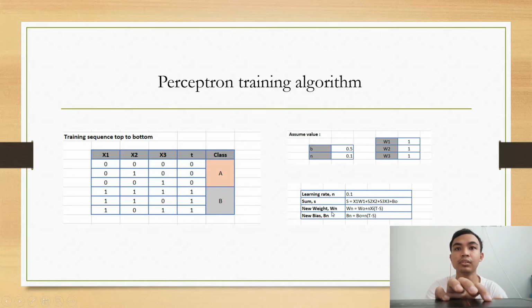The rest is the new weight Wn. Wn equals Wo plus N times Xi times T minus S. Lastly is the new bias, Bn equals Bo plus N times T minus S.